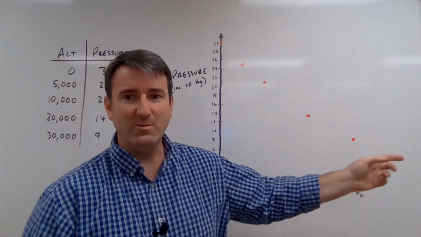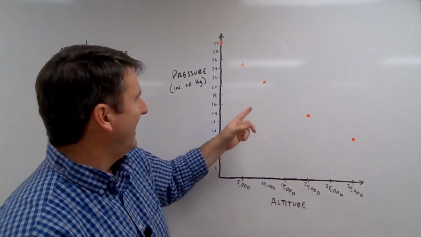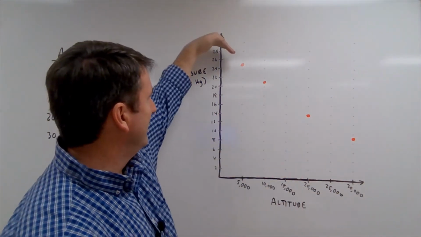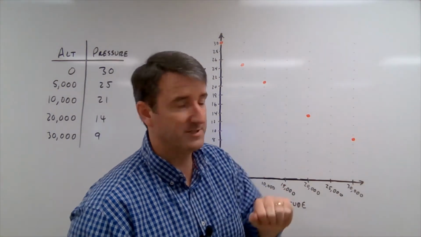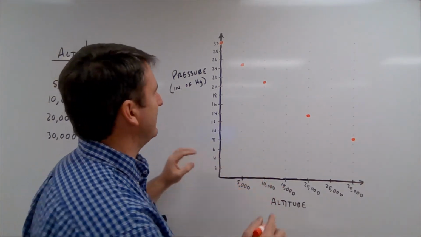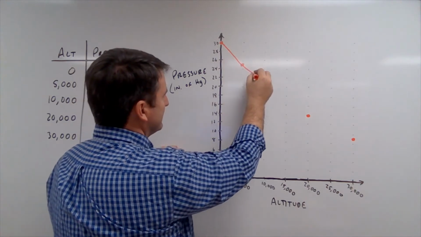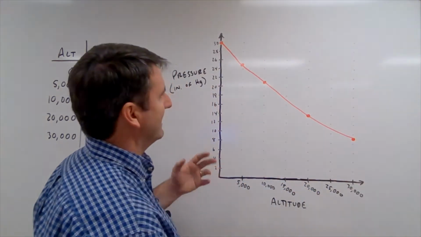And now we can see what's happening with these dots. It's coming down, and it's an almost straight line, but not quite. It's kind of dropping a little steeper here and flattening out a little bit as you go this way. So we're going to draw this with that slight curve there. So we're going to kind of connect these dots so that it goes like that.